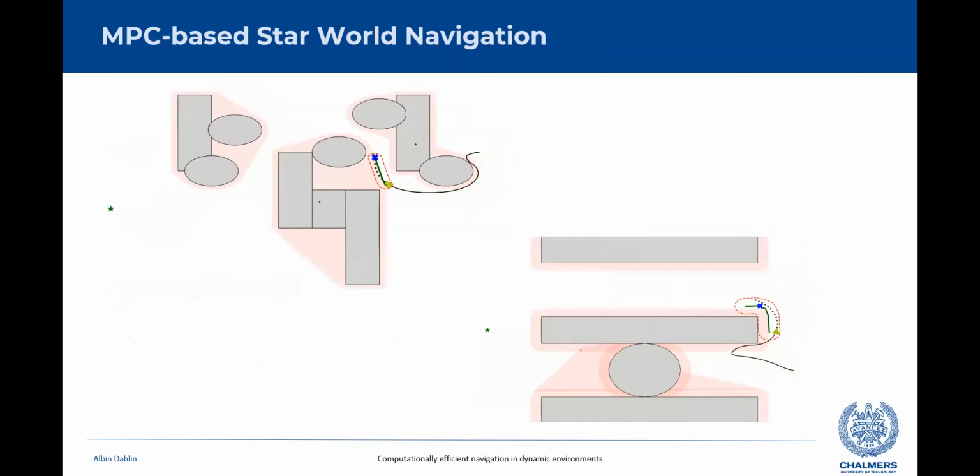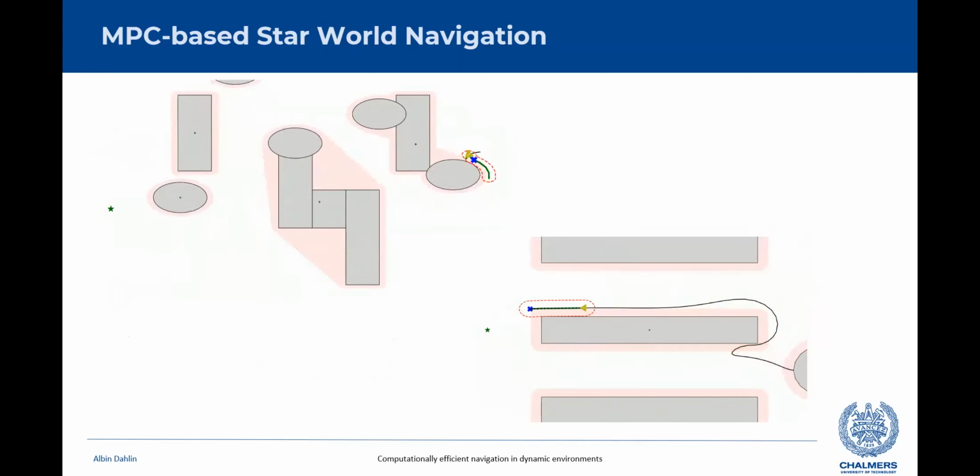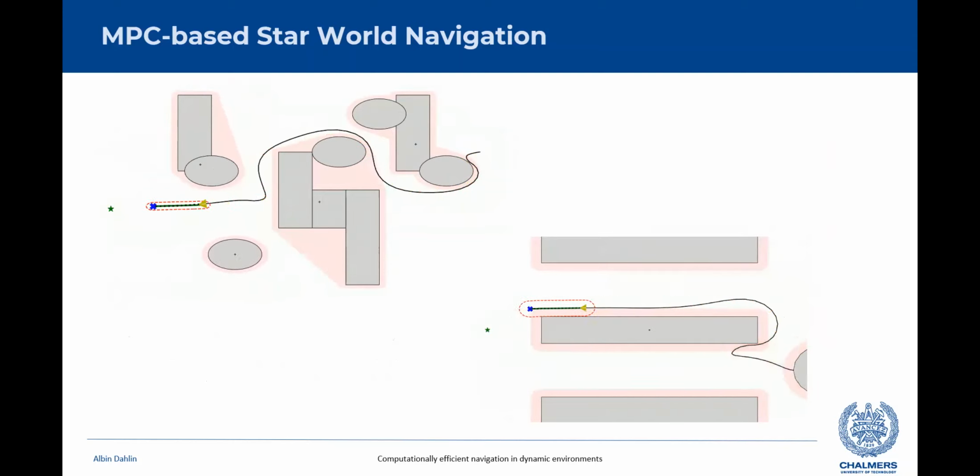At the current stage, we have only implemented the planner in simulation environments, but hopefully the method can be evaluated in the experimental plant at Volvo Trucks factory during next year.